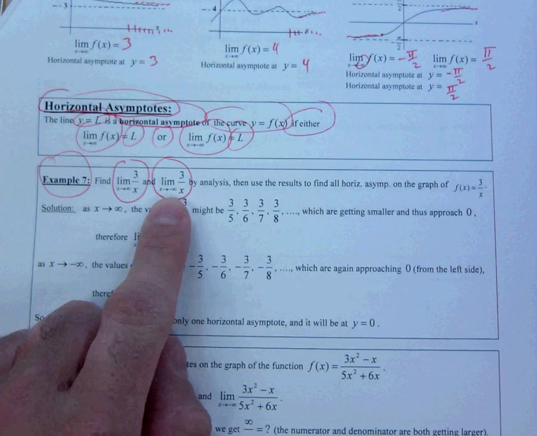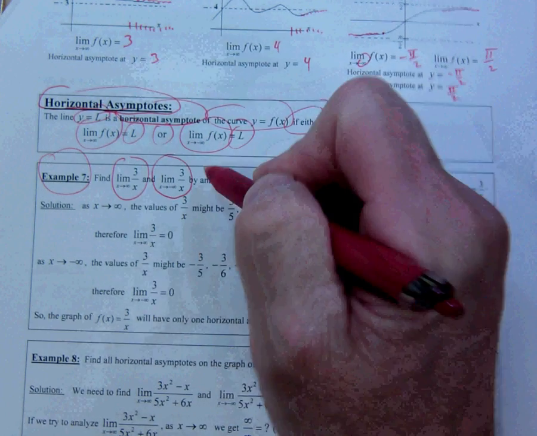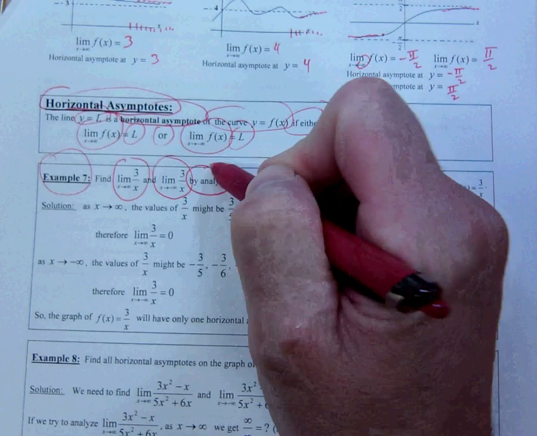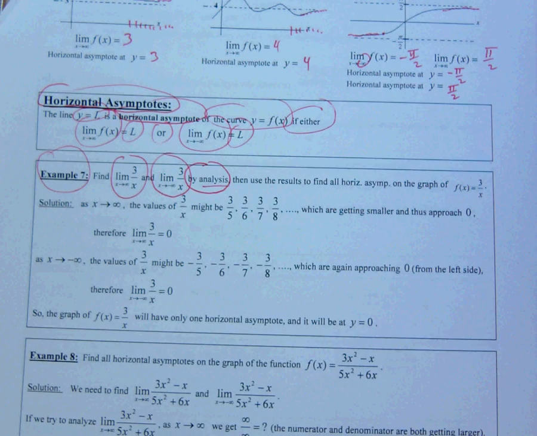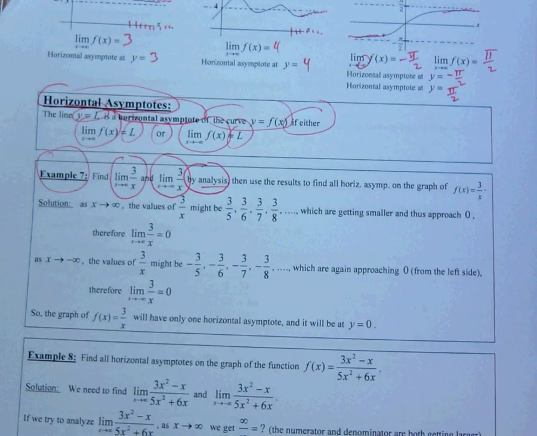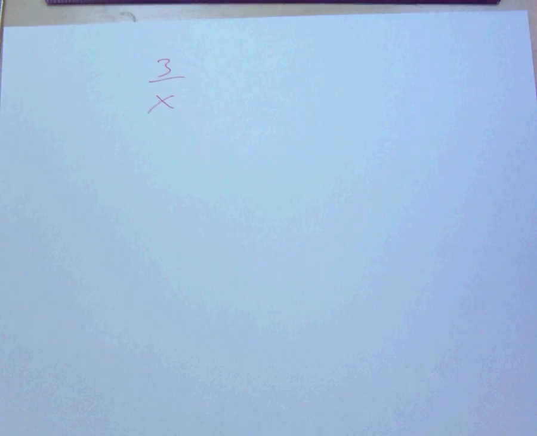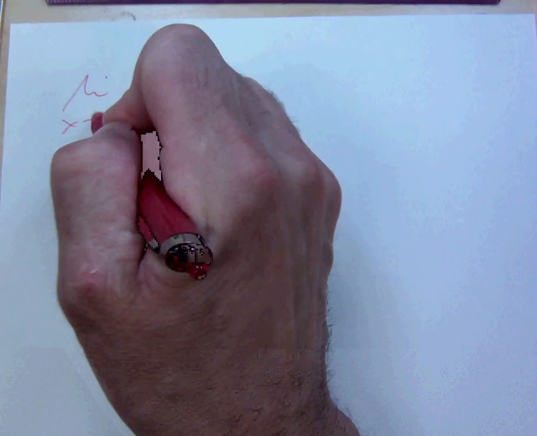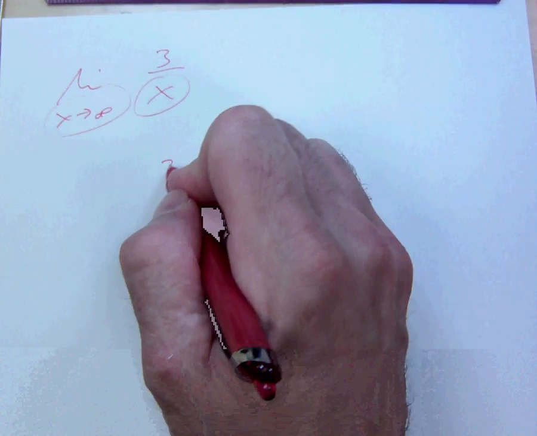On these types of problems, one strategy to find the limits is by analysis. In other words, just think about it. Are you ready? Let's do the first one, guys. As x goes to positive infinity, the denominator is going to get bigger and bigger and bigger, right?